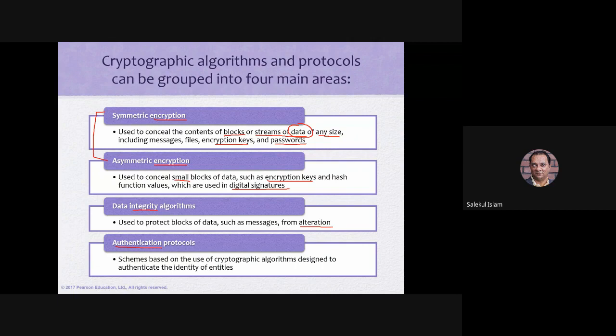This is used to protect blocks of data such as messages from alteration. Now, finally, the authentication protocol. These schemes are based on the use of cryptographic algorithms and designed to authenticate identity. So if you want to authenticate identity, then you use the authentication protocols.